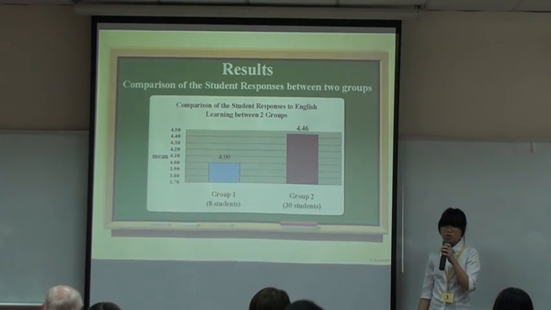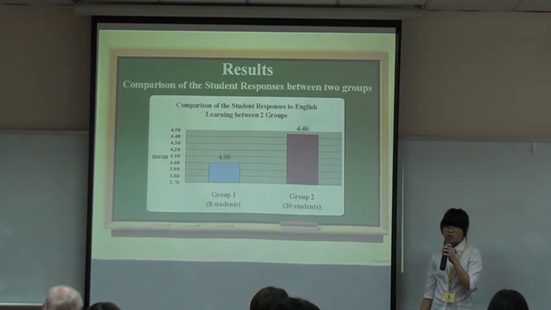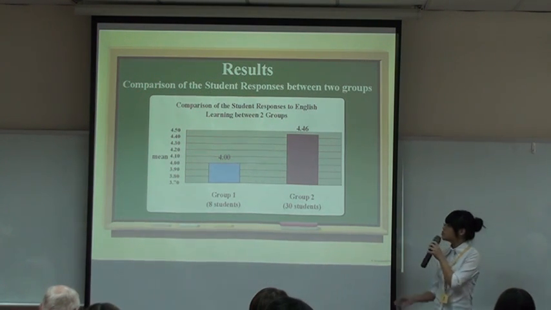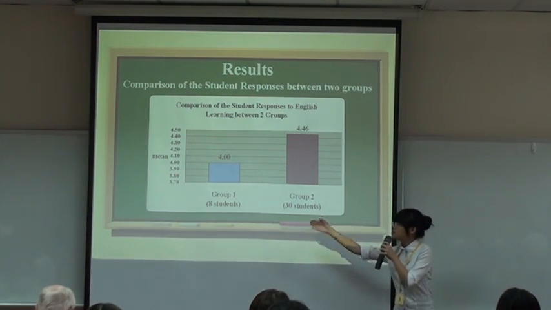Comparison of the student responses between two groups. In this section, we will present the differences of survey between 8 students attending 44-day RT training, which is Group 1, and 30 students attending one-day RT camp, which is Group 2. According to this bar chart, the mean score of Group 2 was higher than that of Group 1.